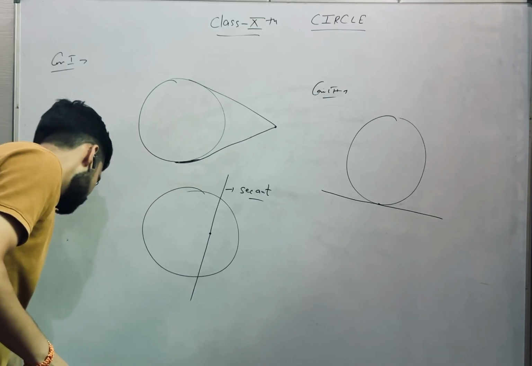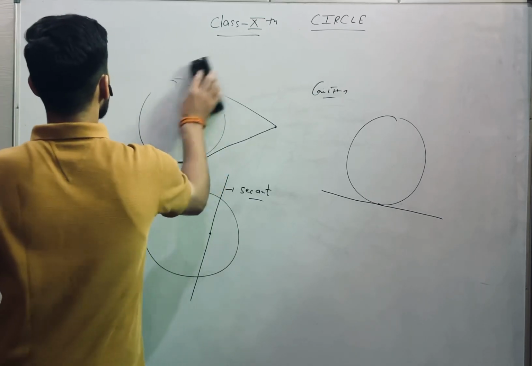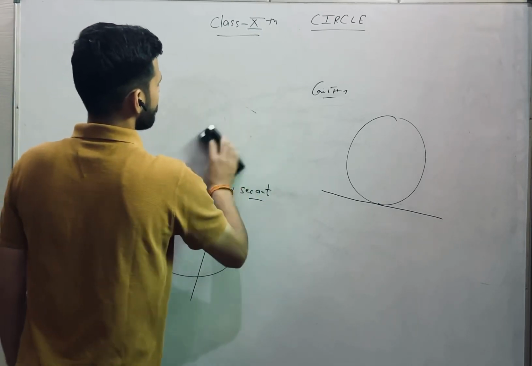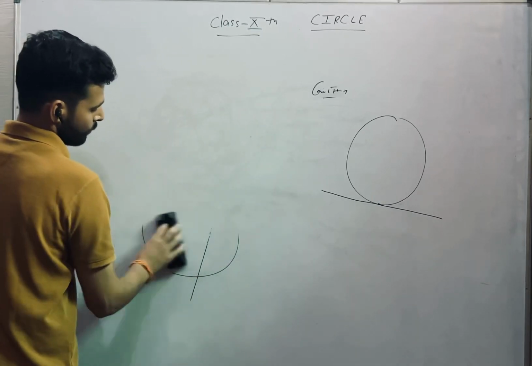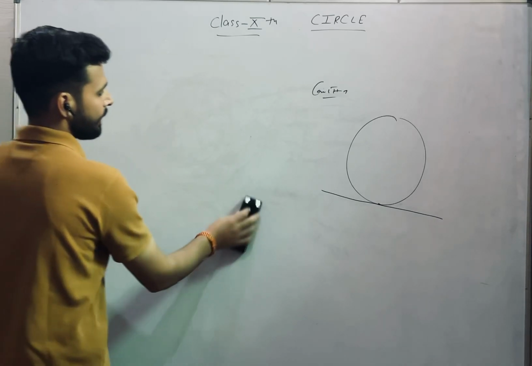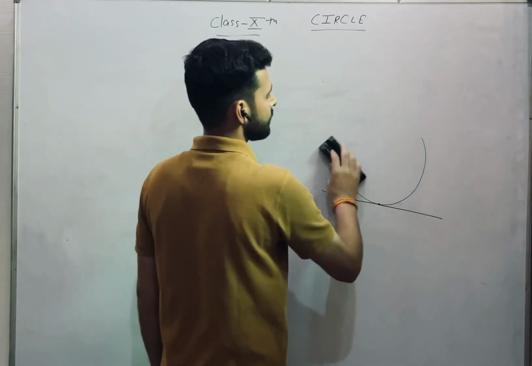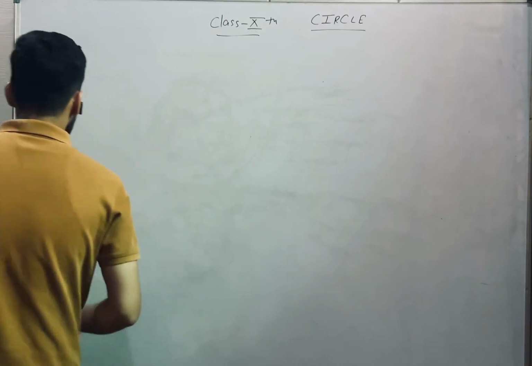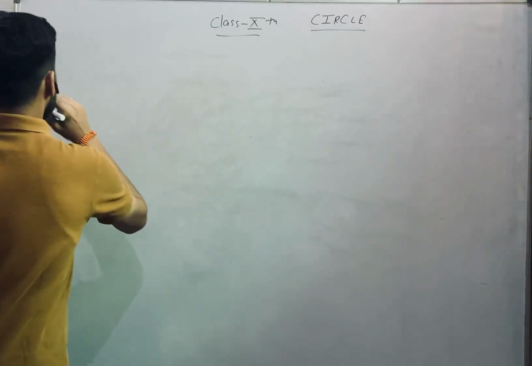Next we will prove a theorem which is very important, because this theorem will be used in most questions in the first exercise and also in the second exercise. What is the result of that theorem?